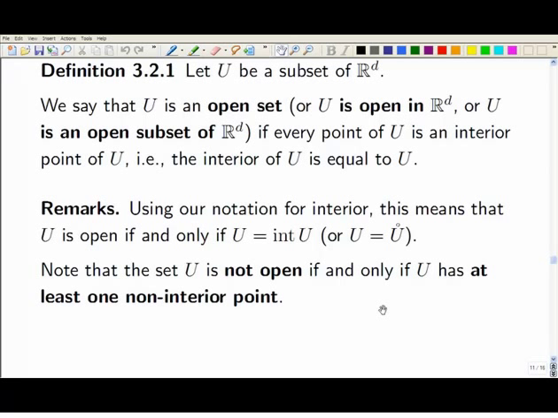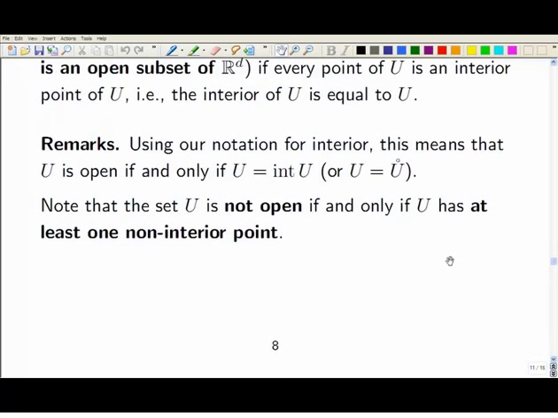Not open means that this thing isn't true, which means that not every point of U is an interior point. That means there's at least one point of U which isn't an interior point of U. And that means there has to be at least one non-interior point.